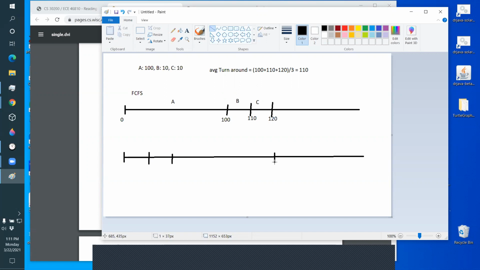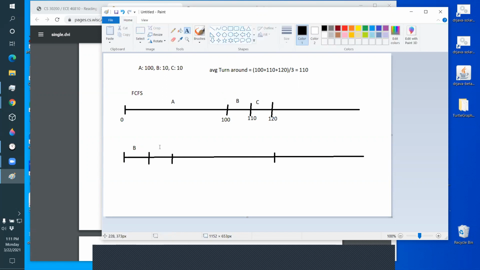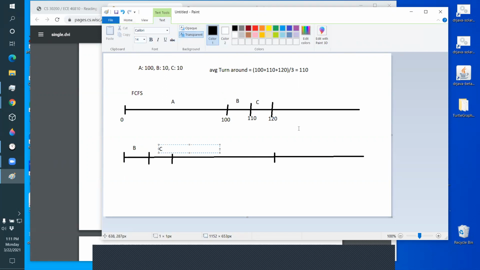Make the ordering BCA. So now we'll run B first. Run B. Run C. Then run A.